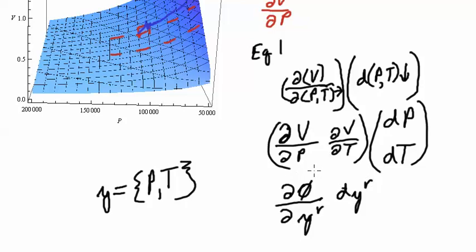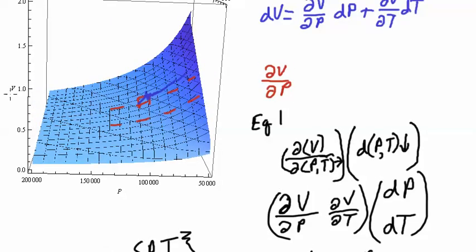Now what equation 2 does is it basically says that instead of having a single value, V, at each of these pressures and temperatures, we're going to have two different values.